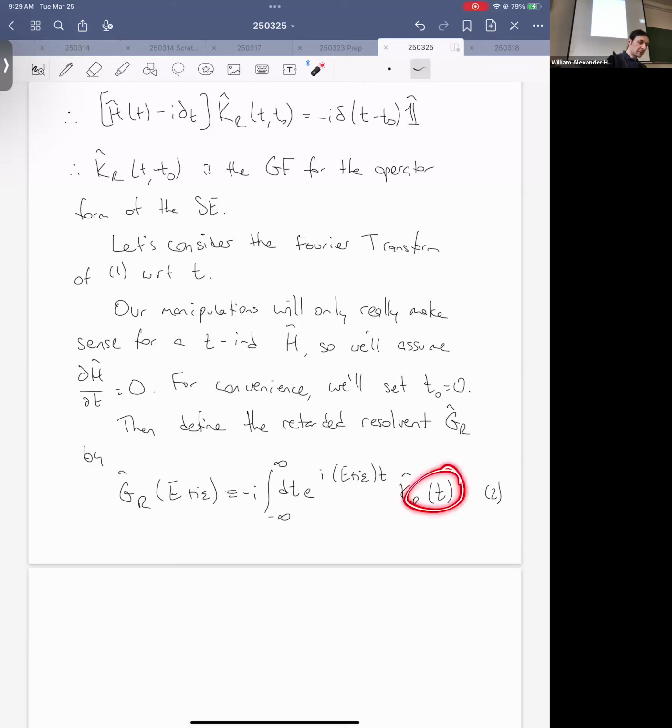So I've dropped the t0 in my retarded propagator operator. The object on the right is an operator. The object on the left is an operator.